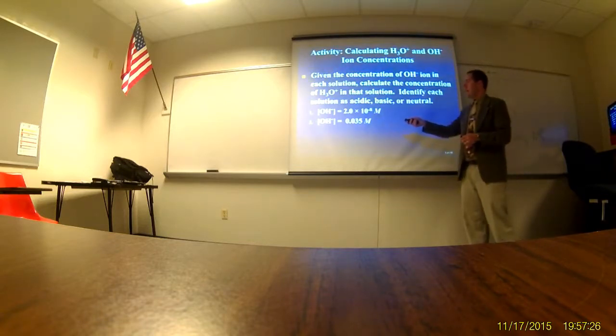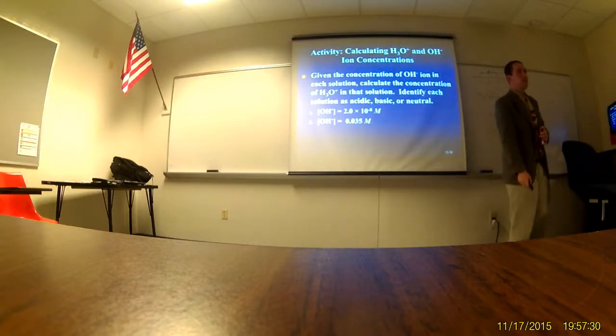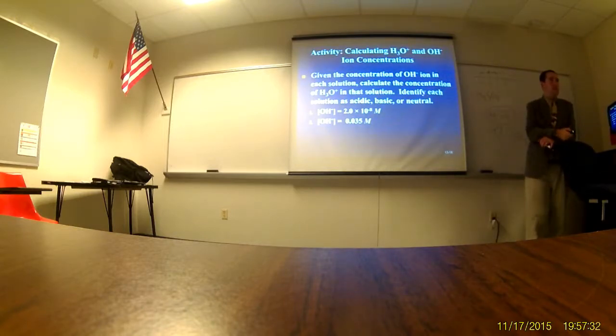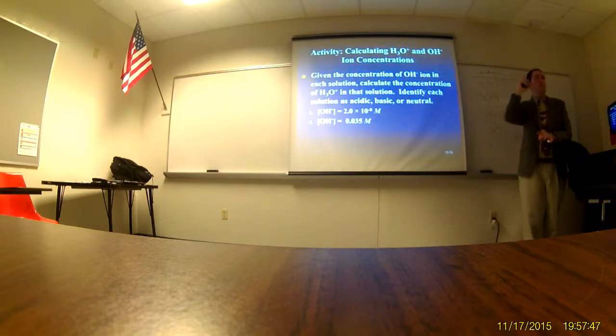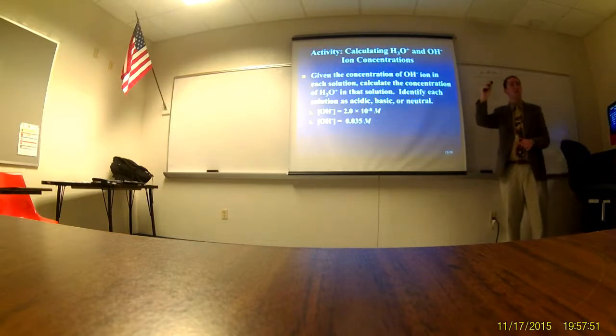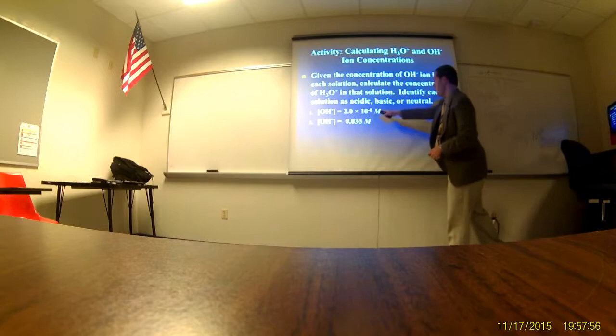So here's the first example. OH minus is 2 times 10 to the negative 8. He's not going to do that one in his head, I don't think. How can you do this? Divided by 1 times 10 to the negative 14, divided by that. I think what you have in your mind is correct, but the way you phrased it, it's upside down. Yeah. So the Kw, the 1 times 10 to the negative 14, is going to go on top, and you're going to divide by that.